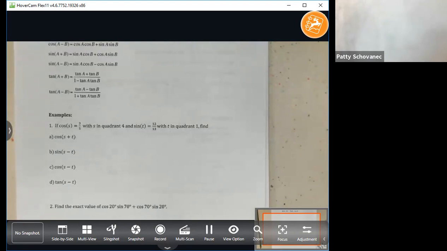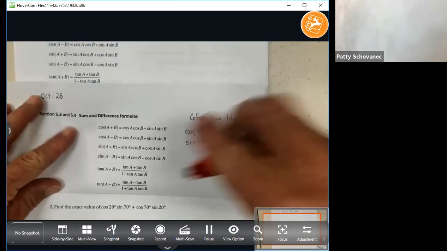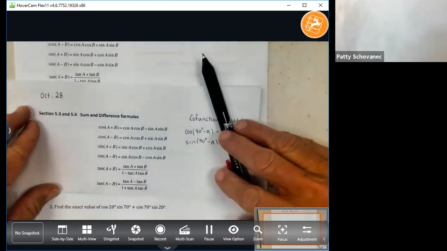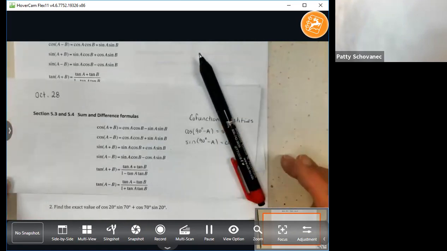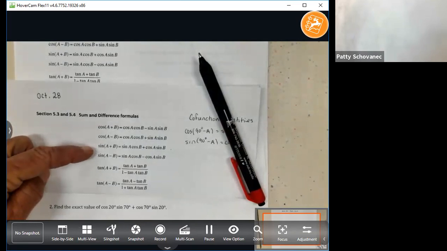Put them down here. There's our sum and difference formulas. Which one does it look the most like? Which one has cosine sine plus cosine sine? That looks just like the third one, sine of A plus B.